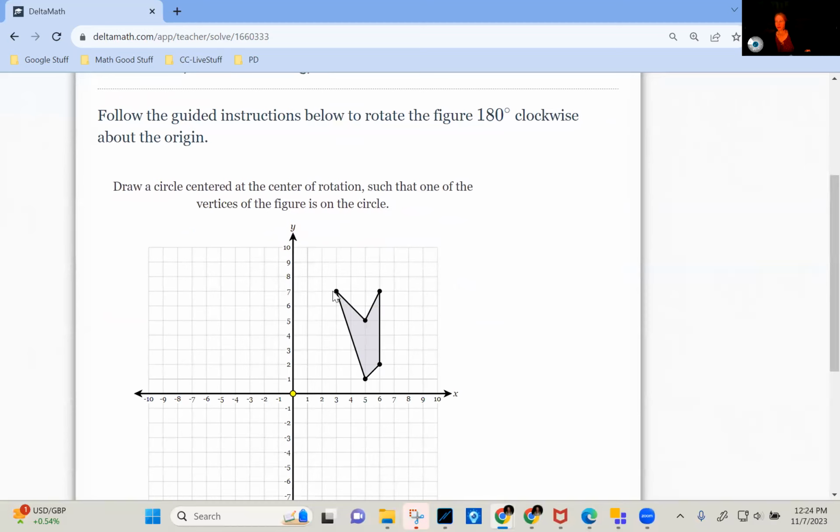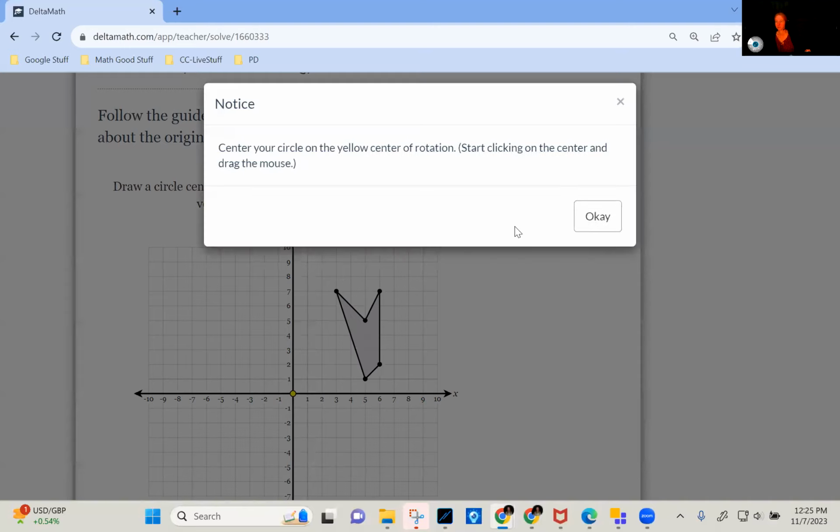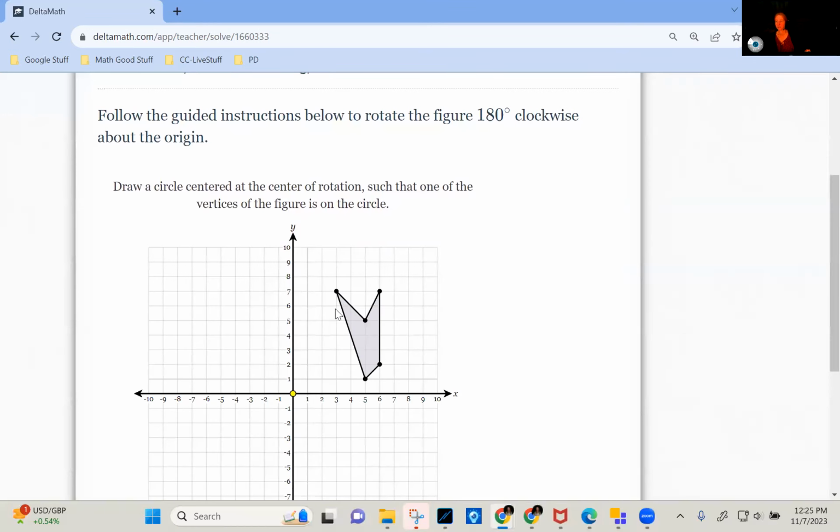Maybe I'm just supposed to click on a point. This is frustrating. Okay, we're going to skip this one.